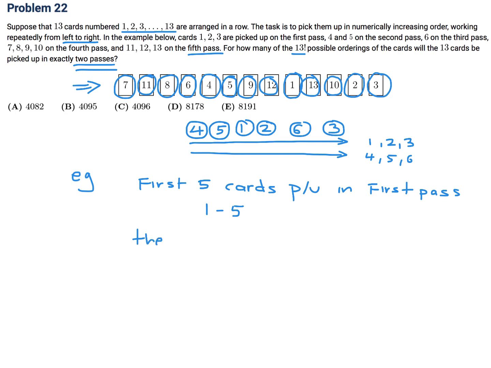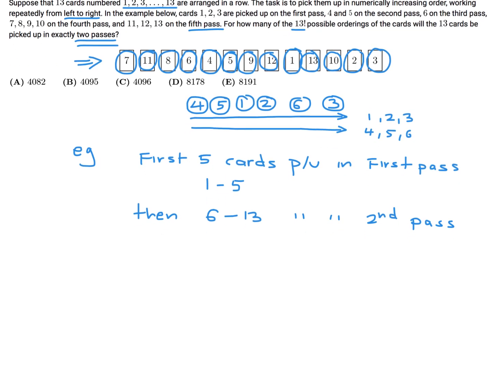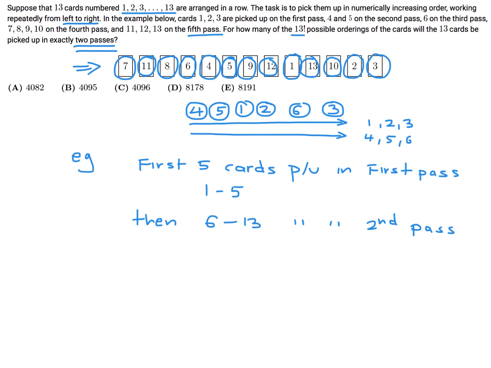Then, of course, the remaining numbers, which are 6 to 13, will be picked up in the second pass. Okay, this is just an example. So that means that in this case, my first pass ended with the 5, right? So I'm going to let that be the important number that I'm going to use, and I'm going to illustrate it.